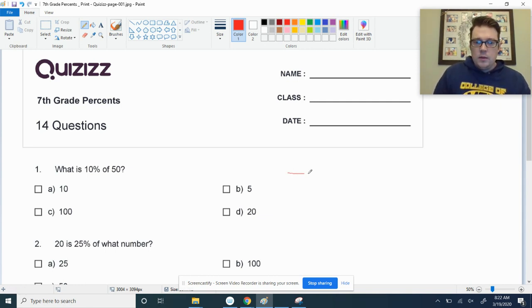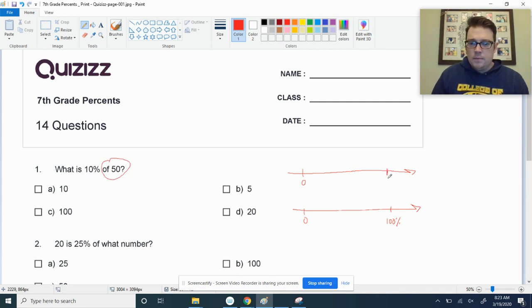So most of these I'll just demonstrate with a quick double number line to help you guys visualize what's happening here. So if we set up our double number line for this particular problem, "of" is your total number that lands at 100%, and they're looking for 10% of it.